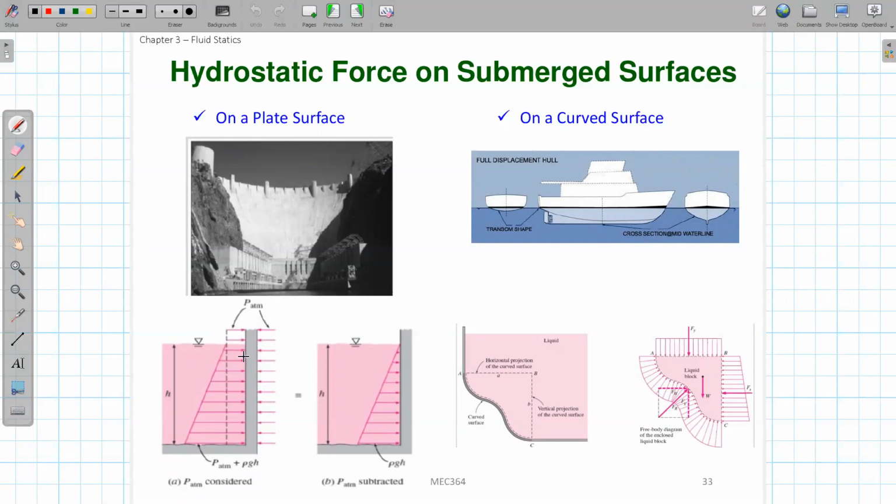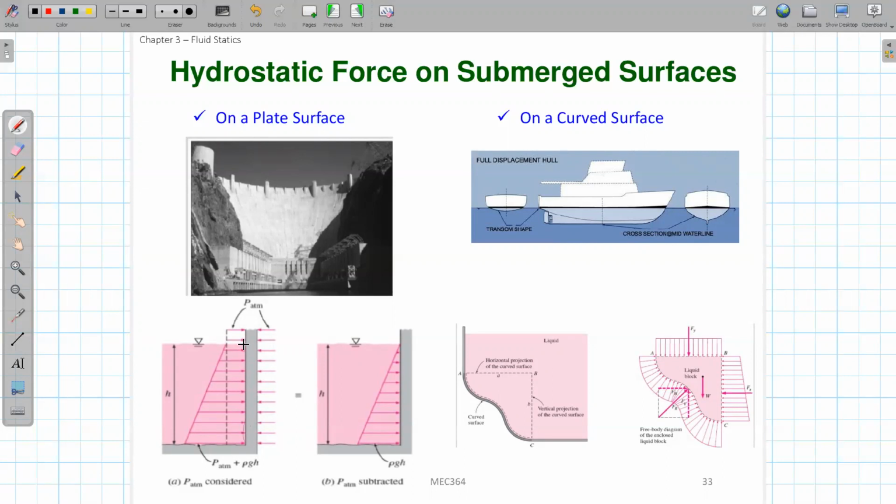From this picture you can immediately see that if we put this flat plate vertically into the water, assuming this is water to keep it simple, the surface of this plate will be subjected to the water pressure force.